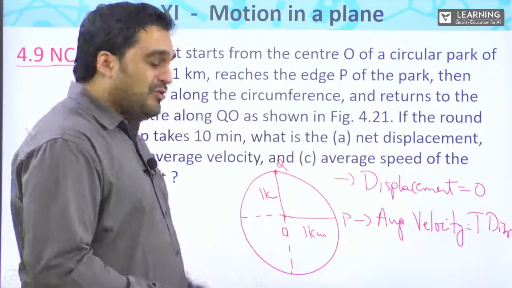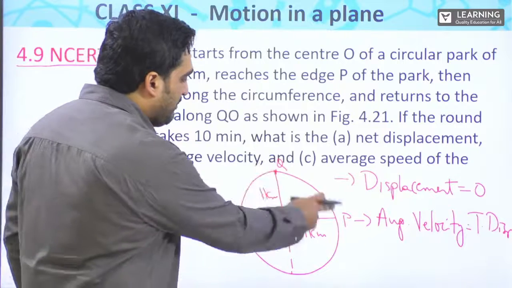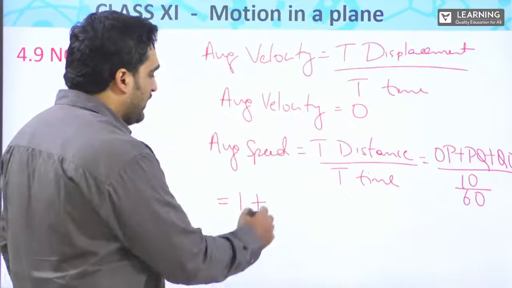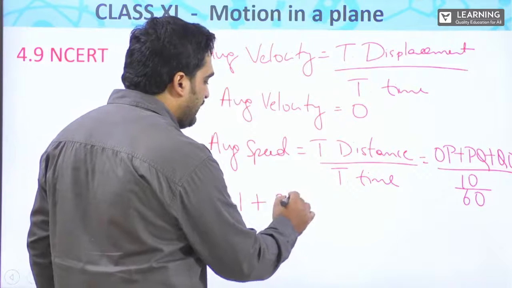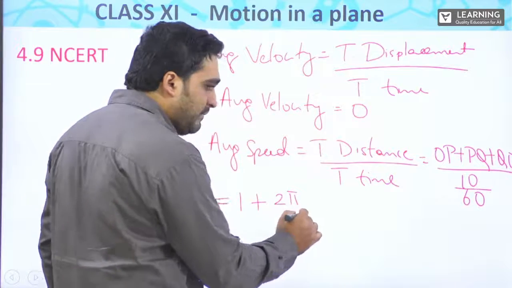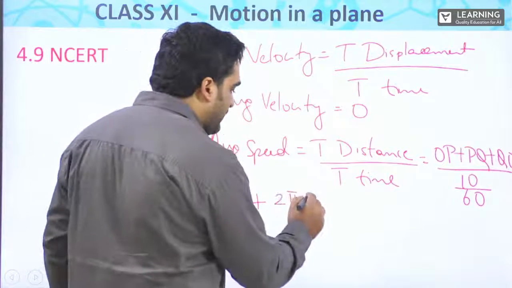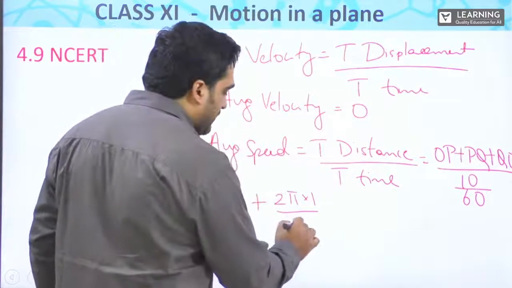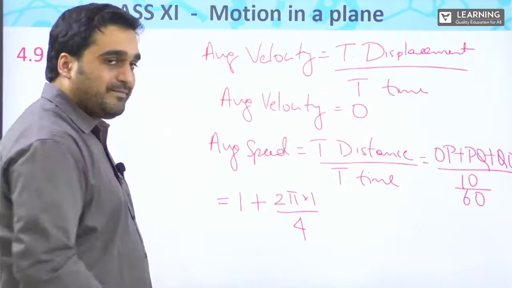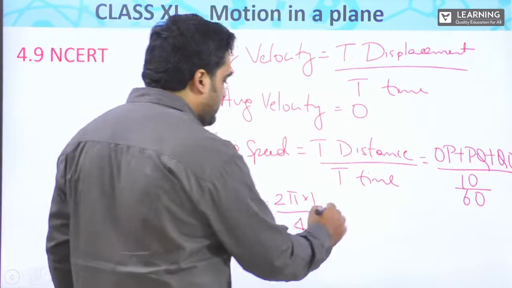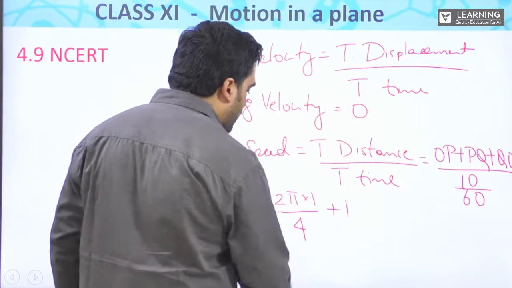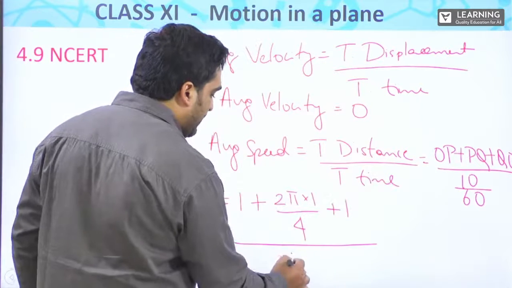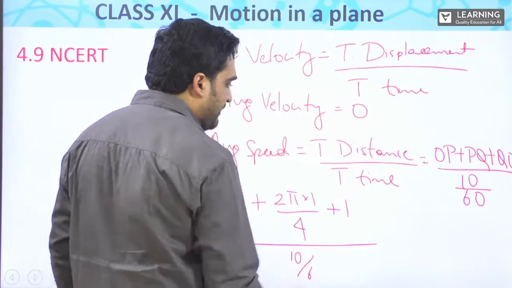So a quarter of a boundary: circumference is 2 pi r, radius we know is 1, divided by 4. So I hope I'm making this easy for you. Plus 1 whole, divided by 10 by 60.